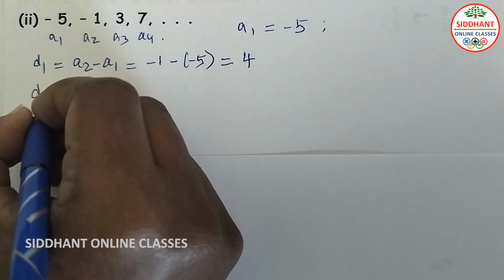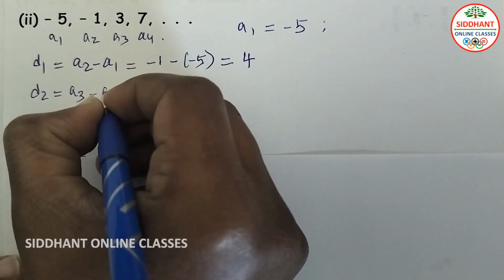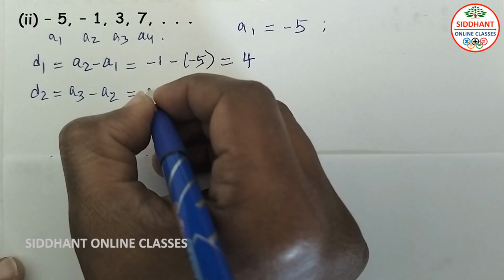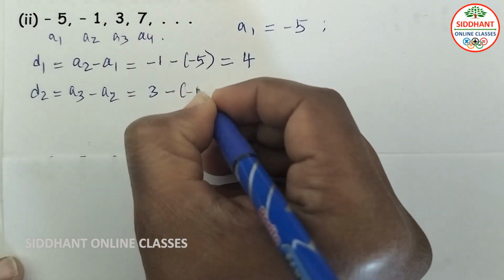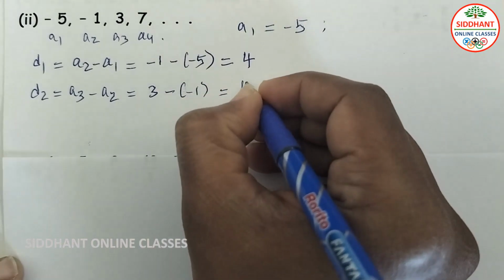And D2, which is A3 minus A2 here, that equal to A3 is 3 minus A2 which is minus 1, that equal to 3 plus 1, 4 here.